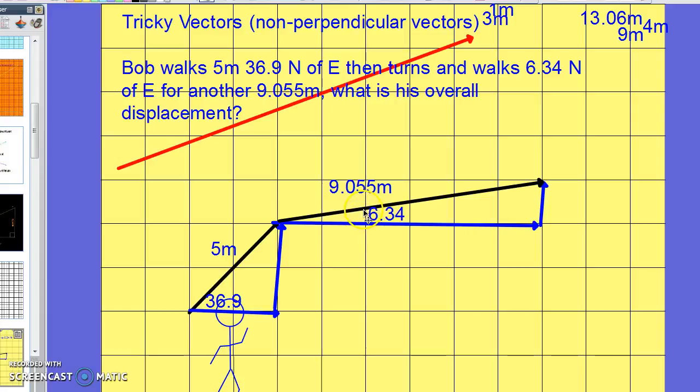Start on the east, go to the north. To get x and y, we need to use SOHCAHTOA. So I want you to pause the recording for a few seconds, calculate those 4 values, and then we'll put them up on the board here so you can see them.